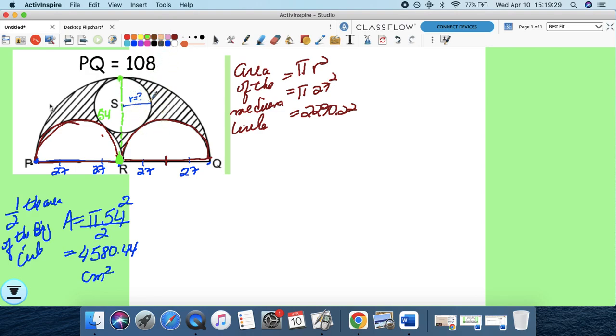Well, we can use the Pythagorean theorem here. We can use a triangle, and we're going to make a triangle right here.